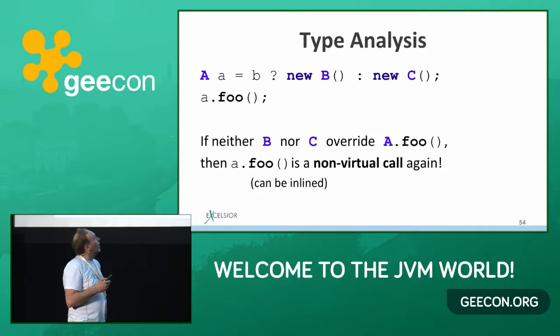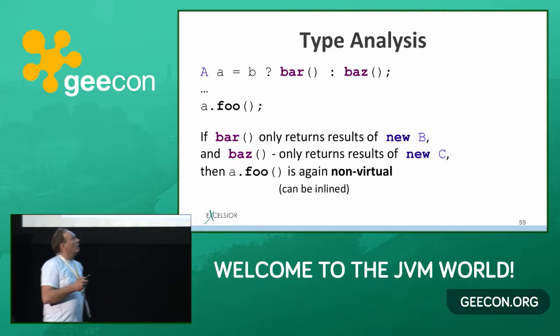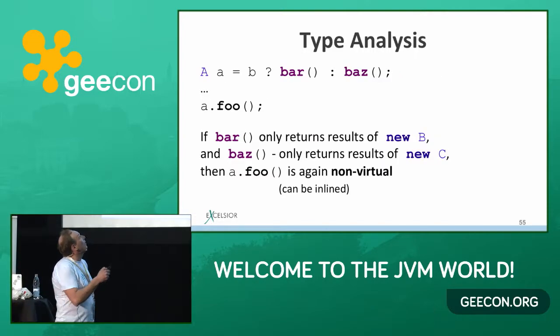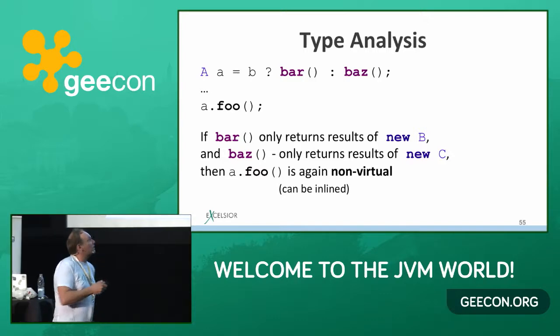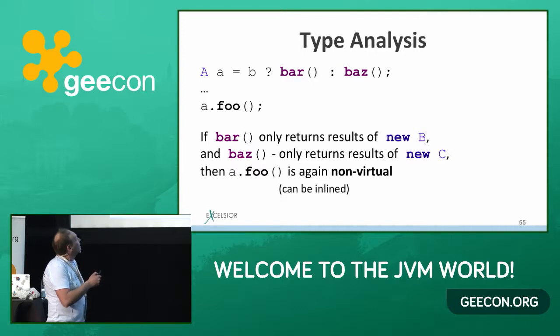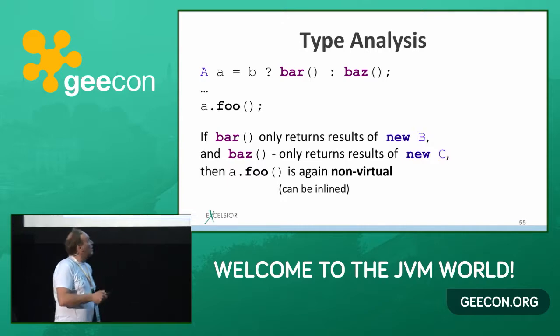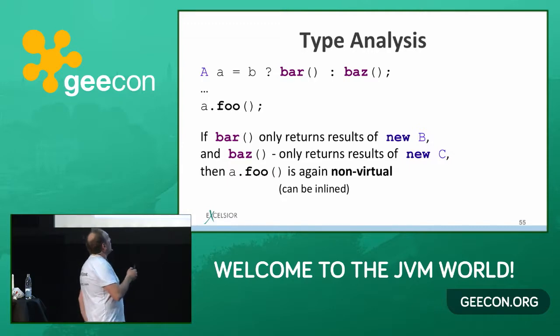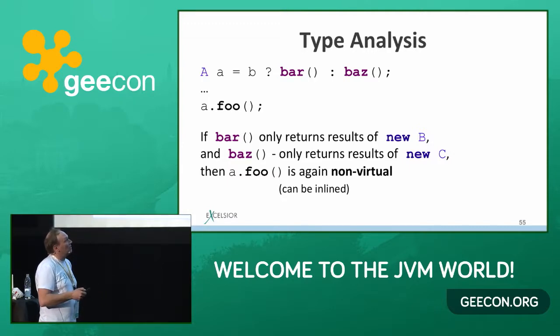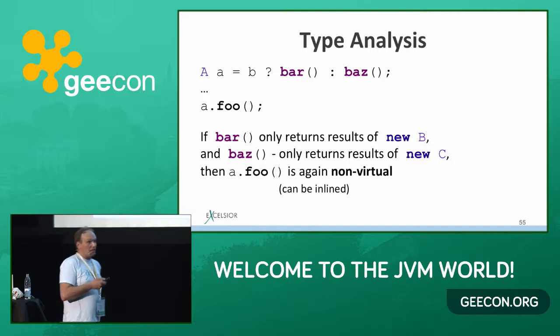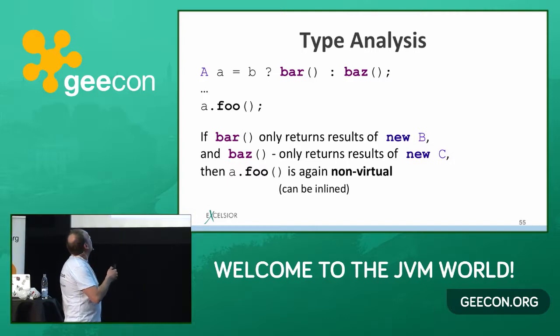More often, we would have values that are returned from some other methods. So how can we devirtualize a subsequent call in that case? Let's imagine that method bar always returns instances of class B, and method bus always returns instances of class C. In that case, we can call method foo non-virtually again.